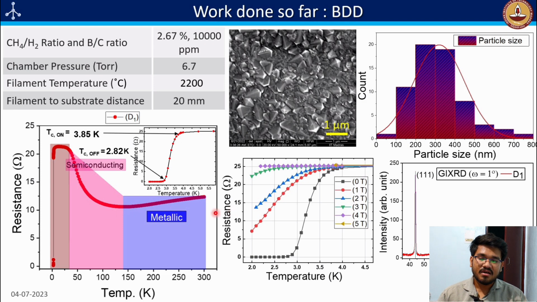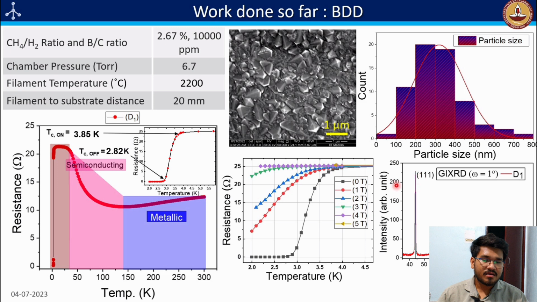There is metallic, there is semiconducting, and also there is superconducting behavior in your sample. And this is the Meissner effect. If you increase the magnetic field, then your TC also decreases, because magnetic field will destroy your superconductivity, and it can be destroyed at 8 to 10 Tesla for our sample.